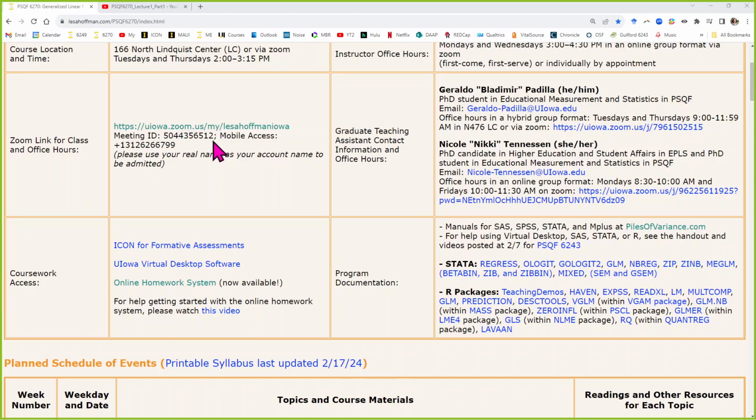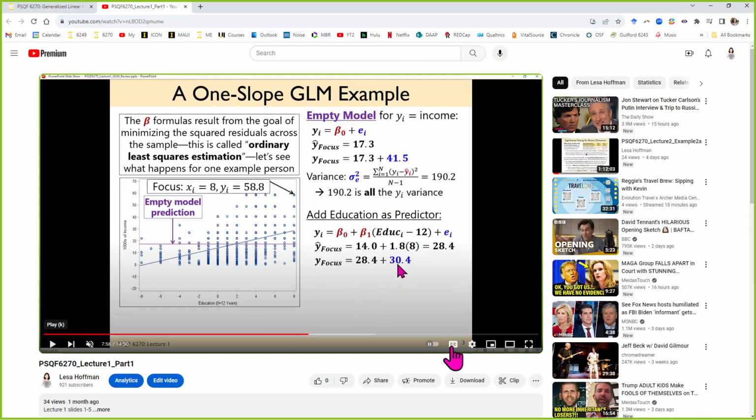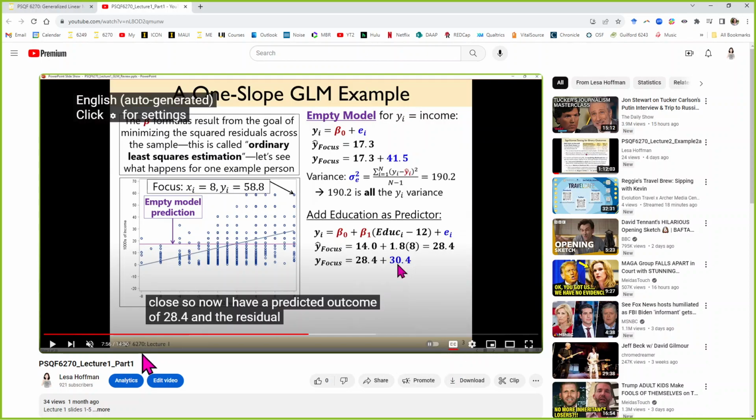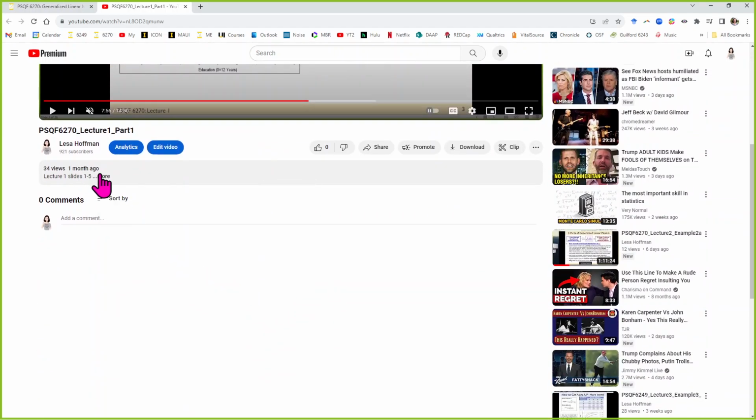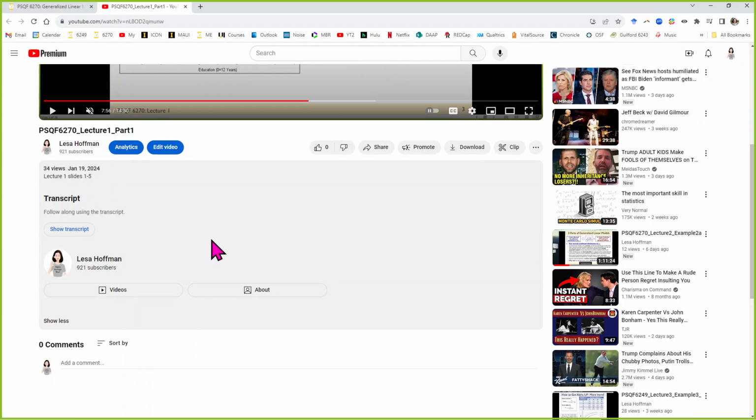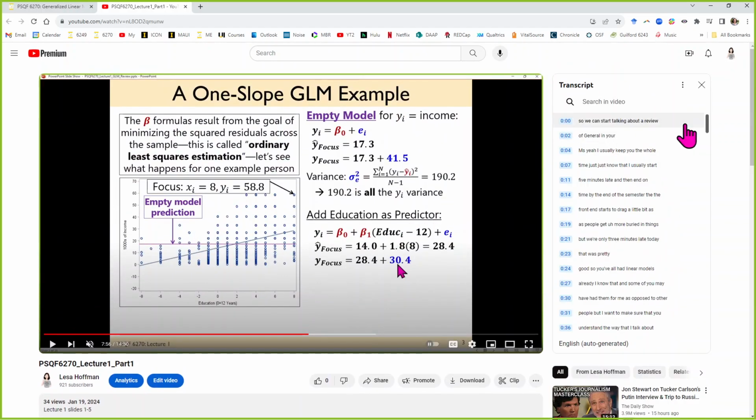So those are the personnel resources. I wanted to remind folks that within YouTube, of course, the videos have closed captioning. It's not perfect, but it's better than nothing. And within each of these videos, if you go down to the description here, there is a link to a transcript, okay? And that will show up over here. You can print it, save it, and search it.